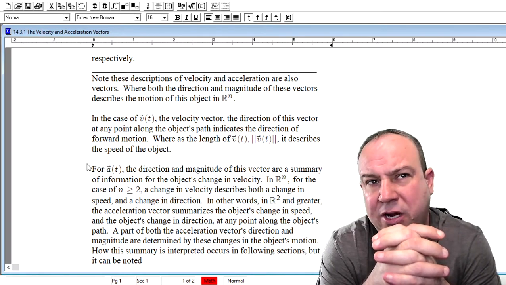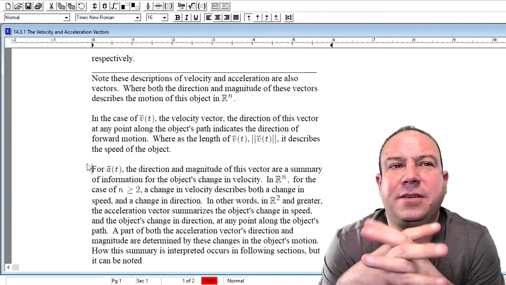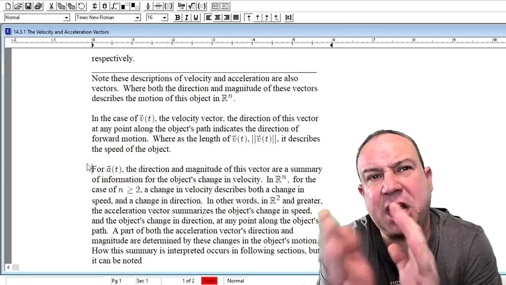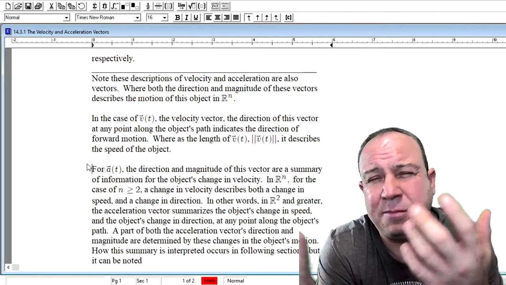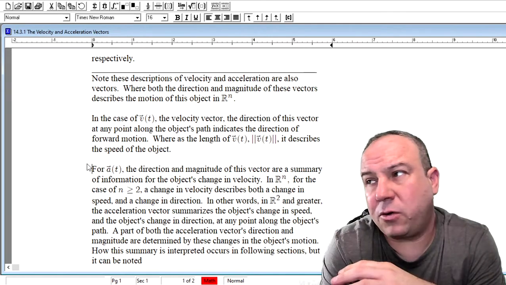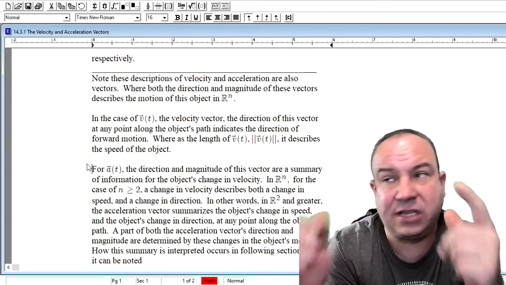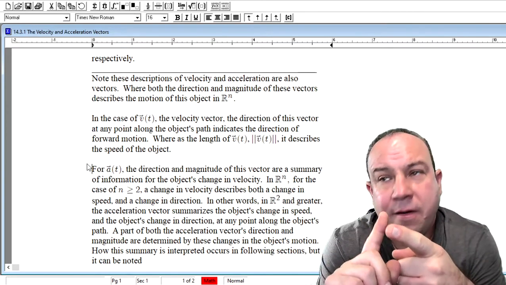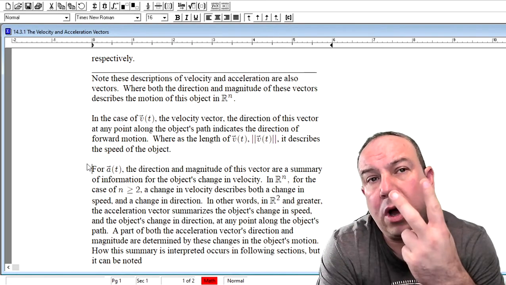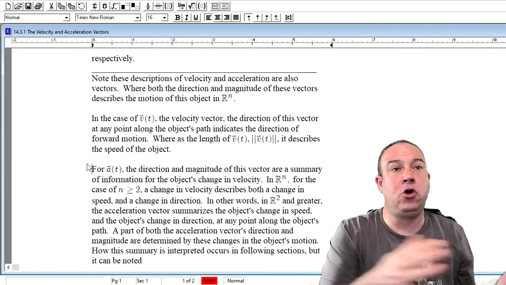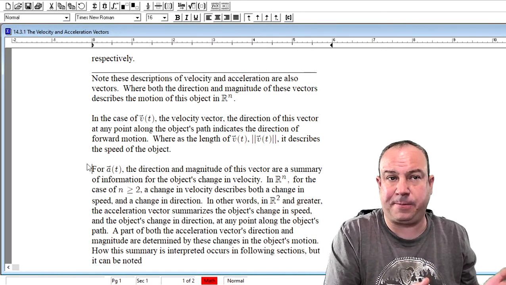In n-dimensional space, when we talk about acceleration being a description of the rate of change in velocity, velocity can change one of two ways when we're allowed to actually move in many different directions throughout that space.